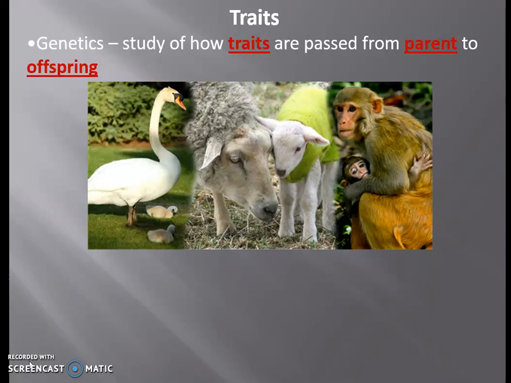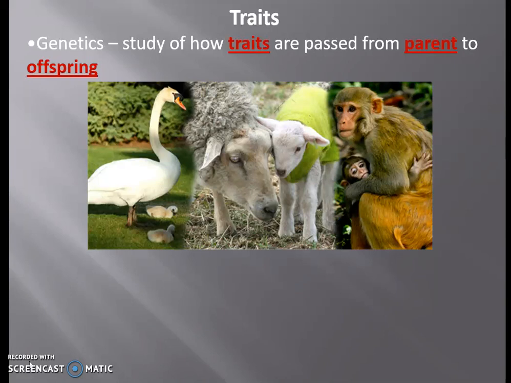So traits are the features or characteristics which are passed from one generation to the other. And now comes the definition of genetics. Genetics is the study of how traits are passed from parents to the offspring.